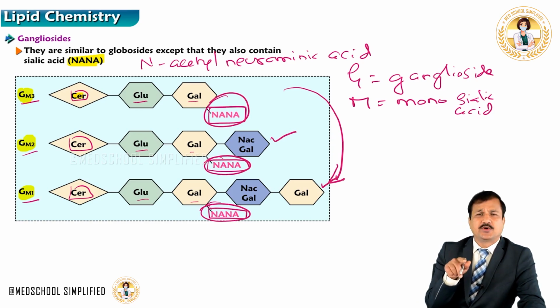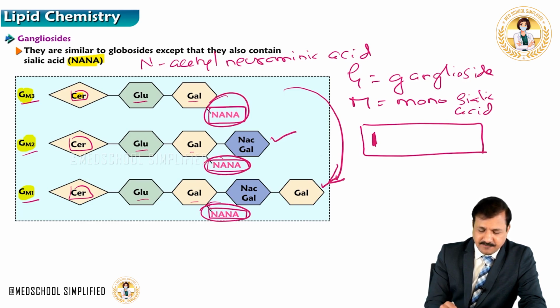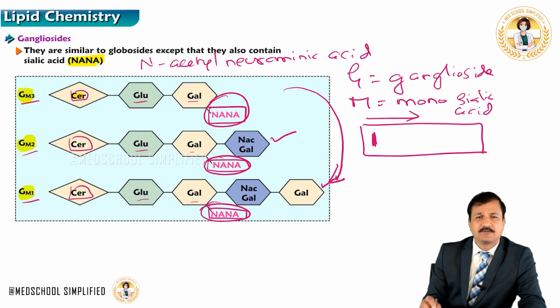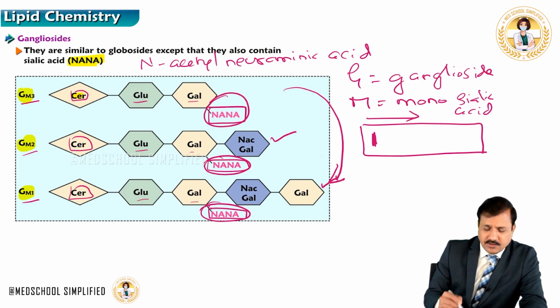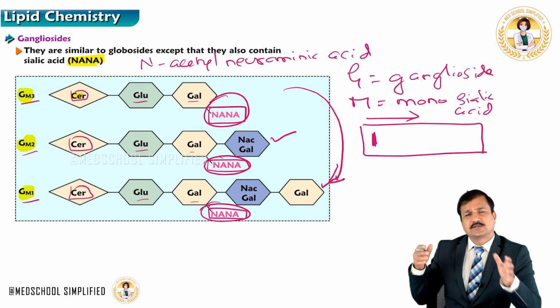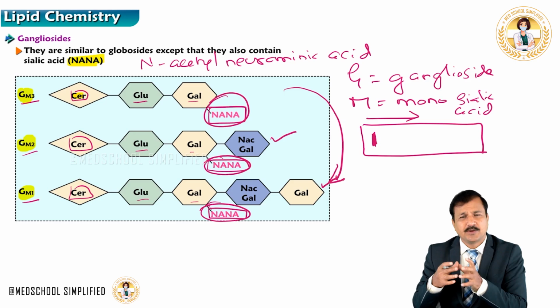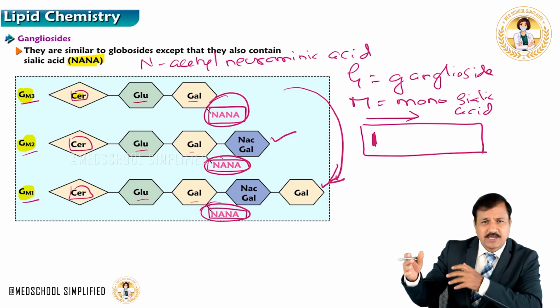Now let me explain why the numbers 1, 2, 3 are given here. When these gangliosides are separated by paper chromatography, and the sample is applied on one side and runs from left to right, the molecule which is simpler, with fewer components, will move faster.